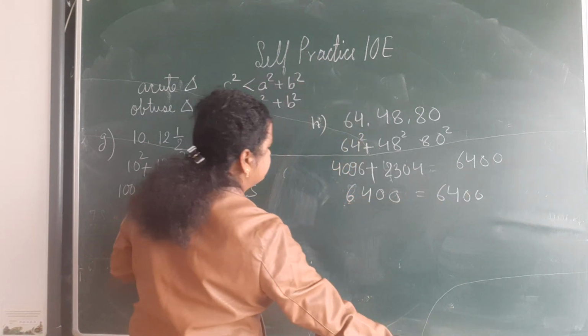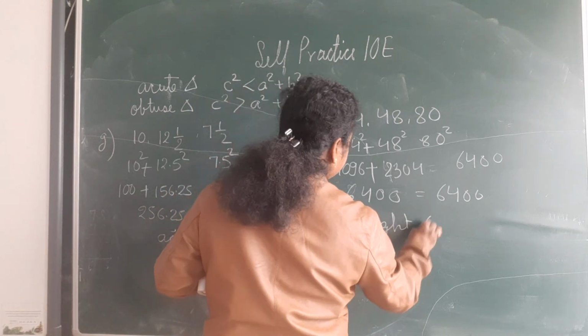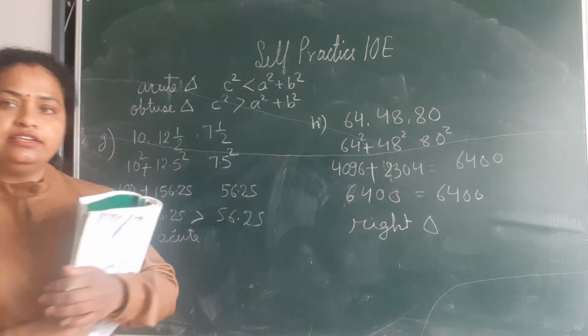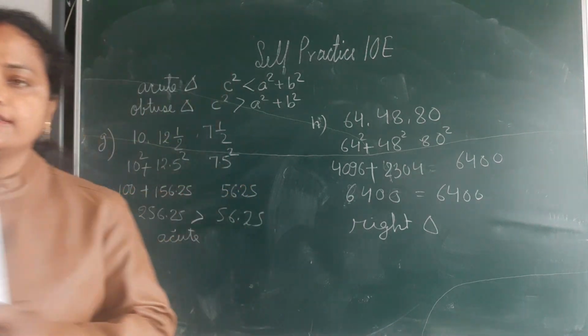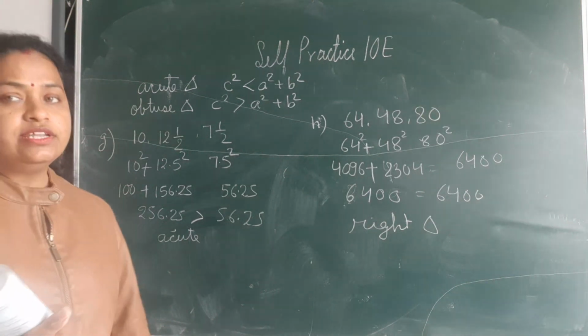So it is a right angle triangle. When they are equal to each other, it is a right angle triangle. When it is less, it is acute; when it is more, it is obtuse.